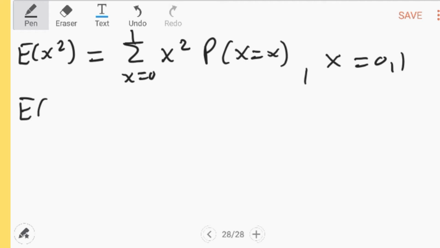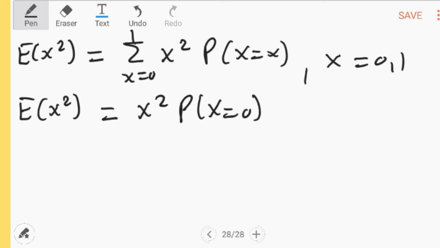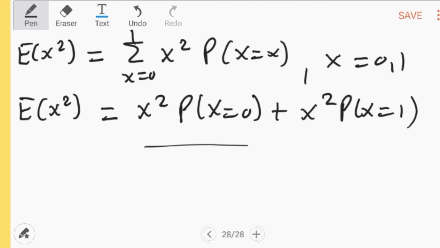This implies that the expected value of x squared can be written as x squared by p of x equal to 0 plus x squared by p of x equal to 1. I hope you know the reason why we are writing it this way. So at this section of the equation, we are going to substitute 0 and we substitute 1 here.